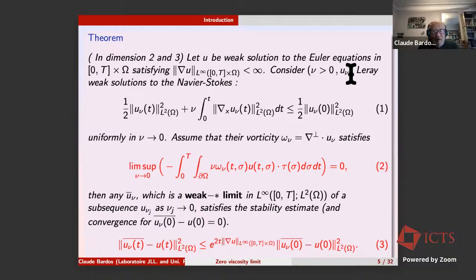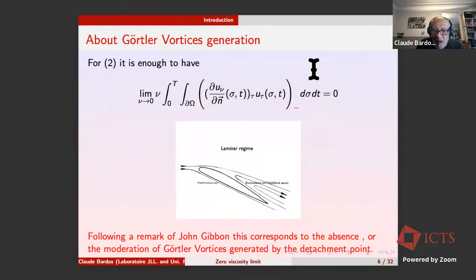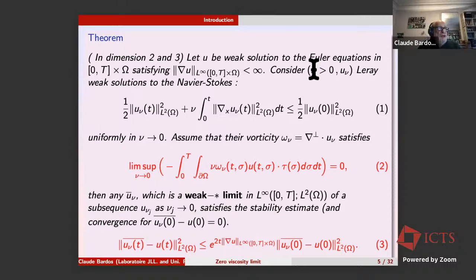Now, after the construction of wild solutions with the influence of Laszlo and Camillo and others, it is clear now that to deal with physical solutions, one has to deal with Leray solutions, which means that I have the energy dissipation valid for weak solutions, which says that the energy of the solution at time t plus the dissipation from 0 to t is less than the energy of the solution at time 0, which is equation 1.